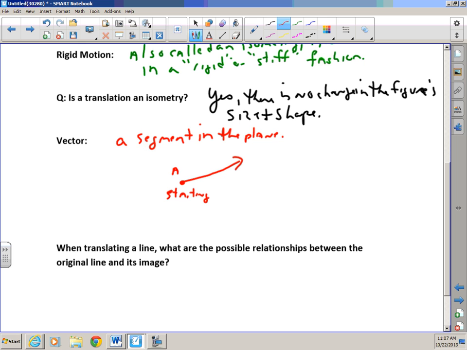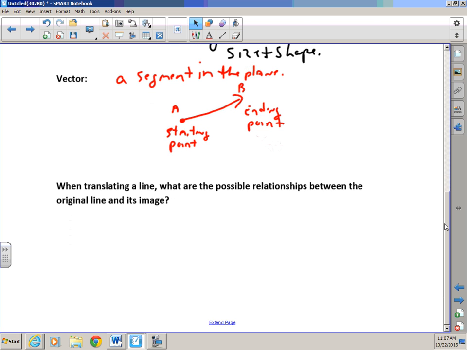I'll call it A. And B is my ending point. The reason I have an arrow is the arrow is telling me the direction I'm going. So here I went right and up. And we can use vectors to help us translate figures by it telling us distance and direction.